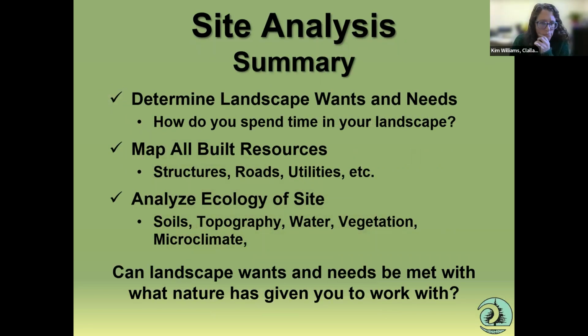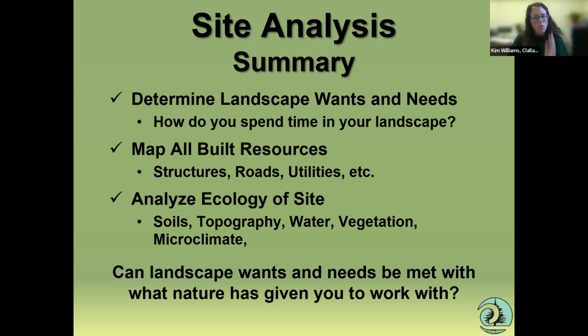So with your site analysis, first you want to determine your landscape wants and needs. How much time do you spend in your landscape? Do you have kids and pets? Map your landscape, go through that exercise and get 4 or 5 copies of a base map.